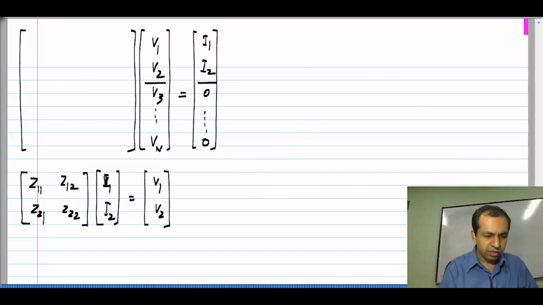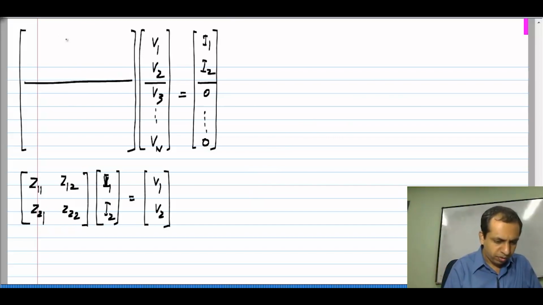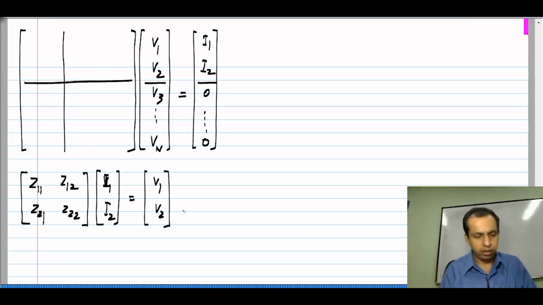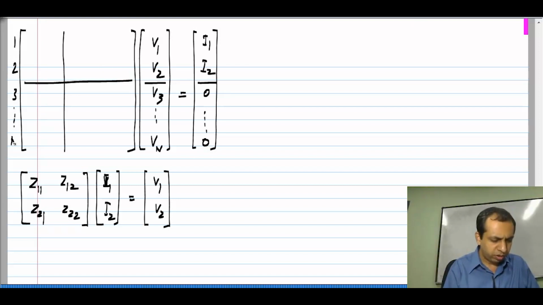This G matrix I will subdivide into 4 parts. Okay. So, that is, here I have taken 2 rows and 2 columns. Okay. So, let me write down the numbers. This is 1 and 2, and then I have 3 all the way to n. And similarly, I have taken 2 columns 1 and 2, and then I have 3 all the way to n.